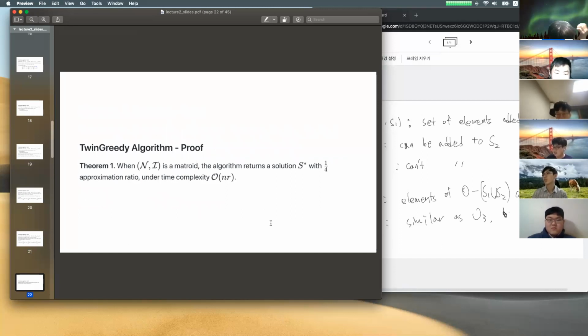It is that the algorithm returns a solution with at least 1/4 approximation ratio.